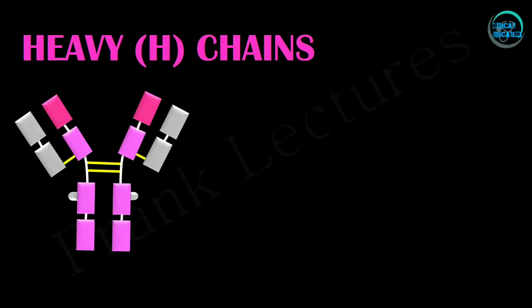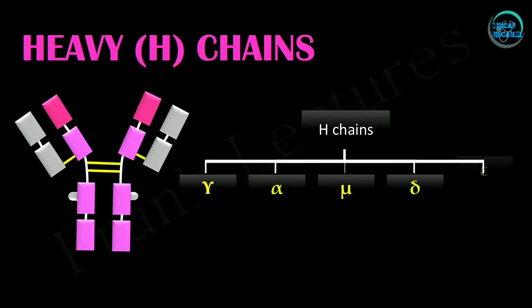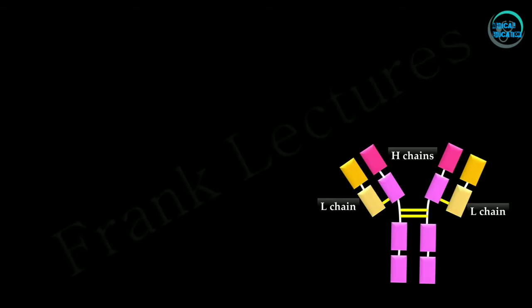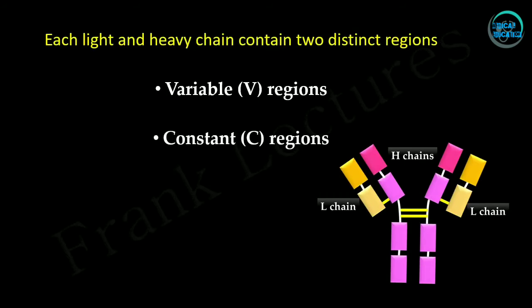These 5 classes are designated by lowercase Greek letters, gamma, alpha, mu, delta, and epsilon. They are also written as G, A, M, D, and E, respectively. Each light and heavy chain contain 2 distinct regions: variable regions and constant regions.